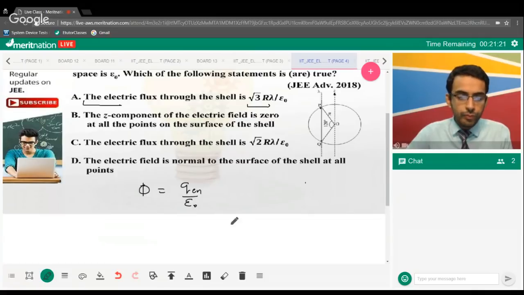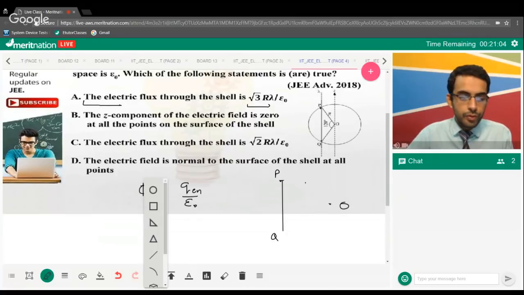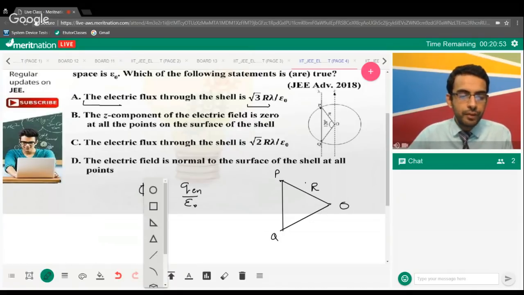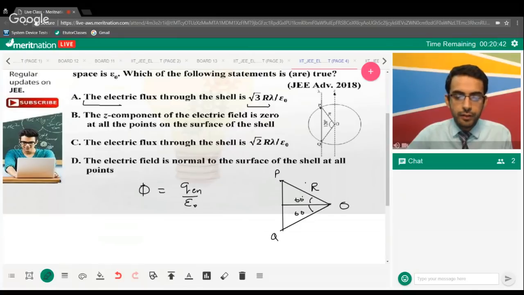In the question, it is given that this is P, and this is Q. And let's take the center to be O. So the distance from O to P is capital R, and O to Q is also capital R. So by symmetry, we can say that this angle will be 60 degree. This angle is 60 degree. This is also 60 degree.